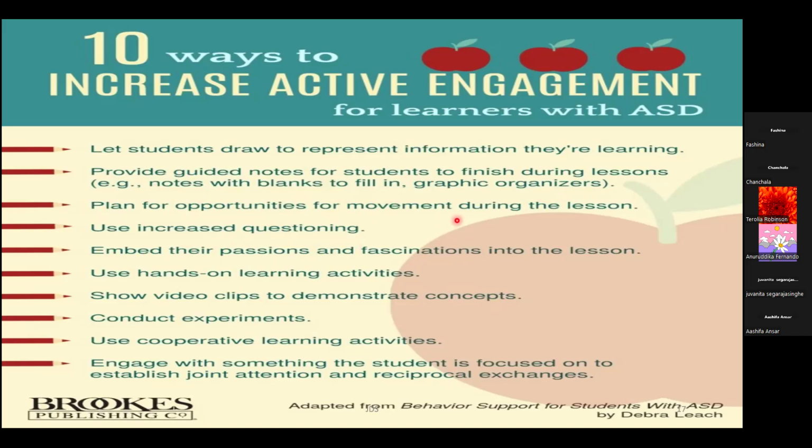Opportunities for movement during the lesson, not to make them sit at the same place. Change groups, put them into pairs. So definitely the attention of the learner will be involved in the lesson. If they are given an opportunity to idle, all these learner behavioral issues crop up.